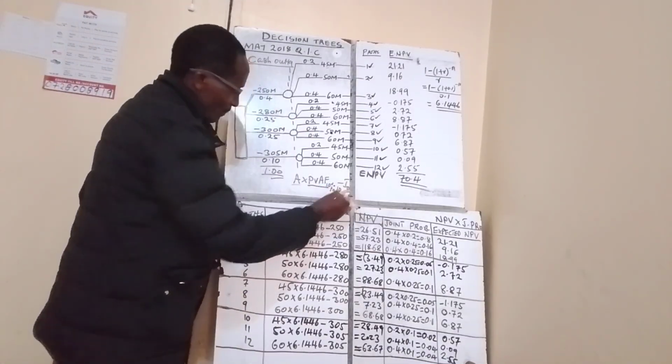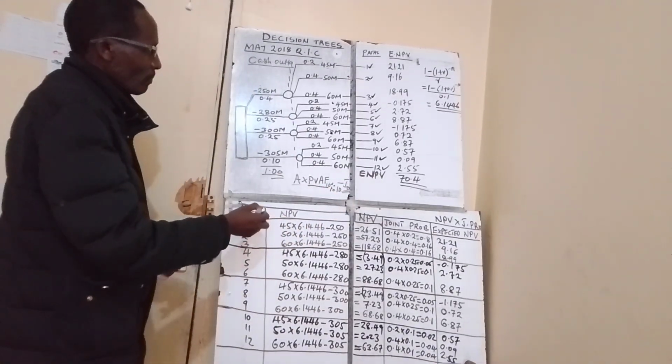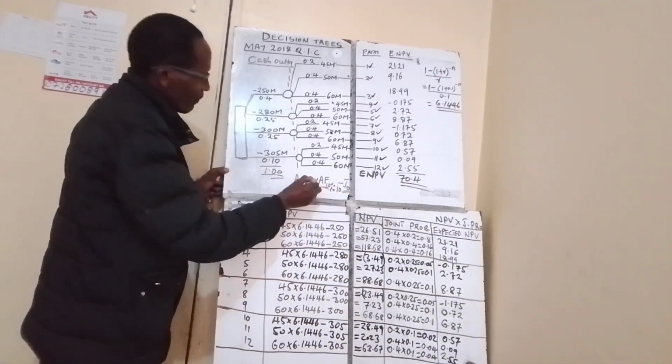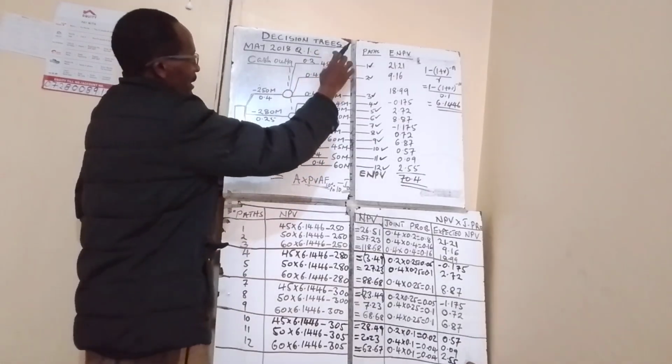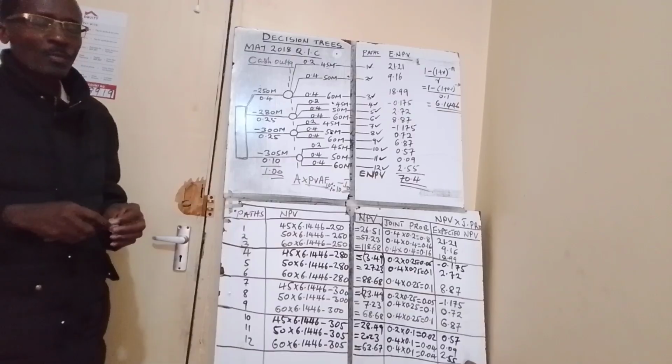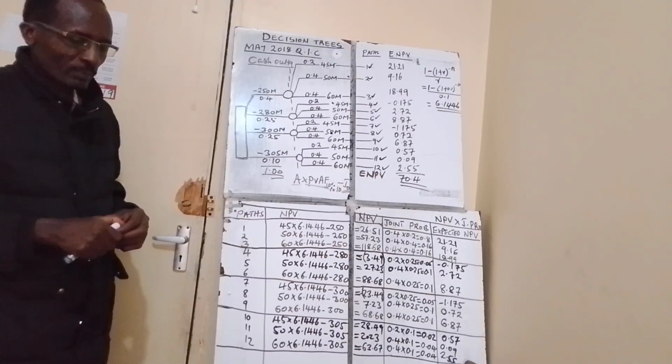Then the other part is to do with what? Cash inflow, which is associated with the expected cash inflows together with their respective probabilities.